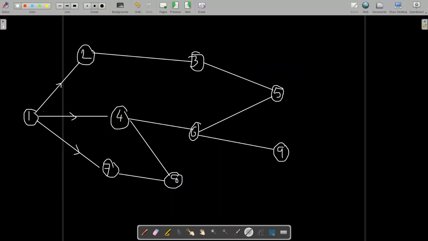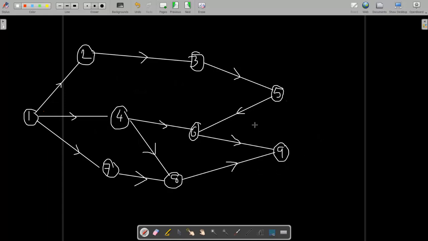Now mark all the activities with arrows. As you can see, there is no dummy activity, so there is no need to add a dummy activity forcefully. This is the network diagram.